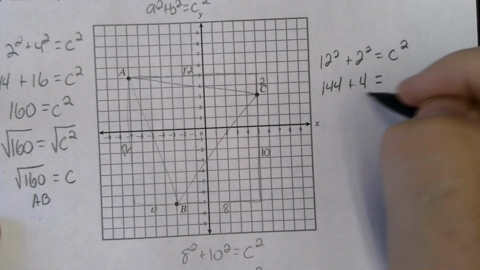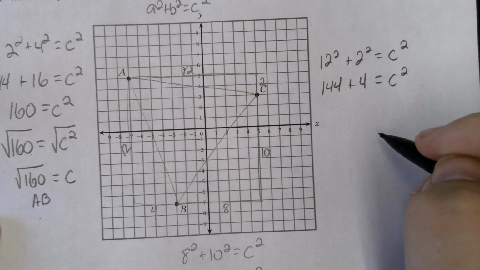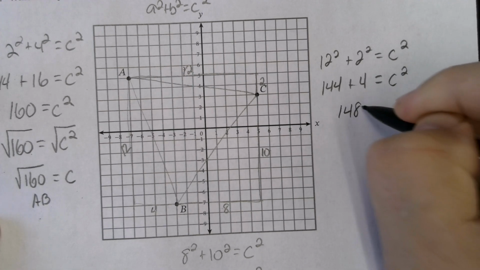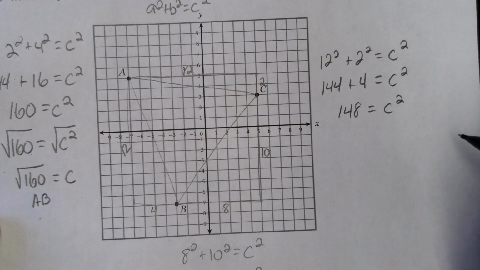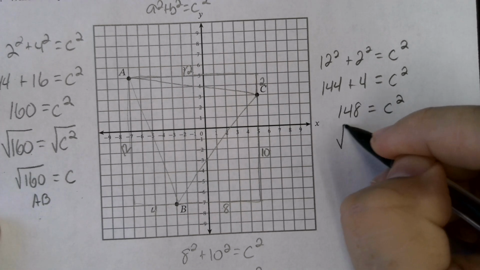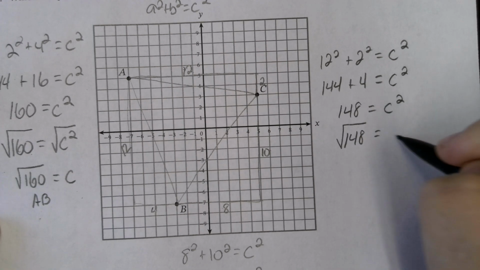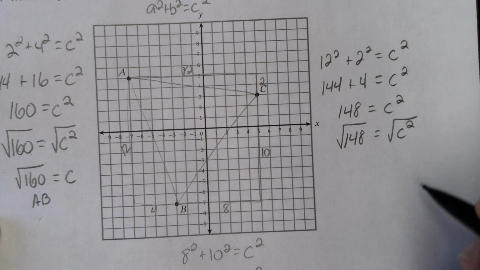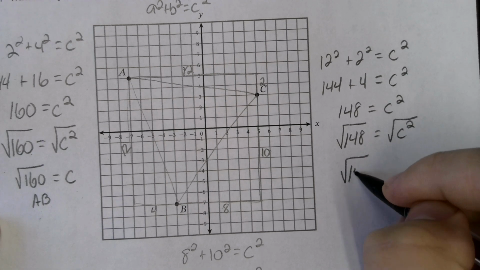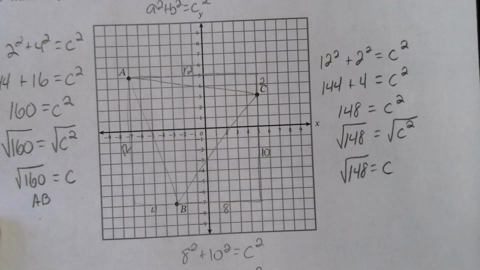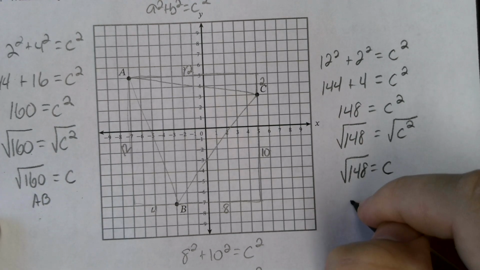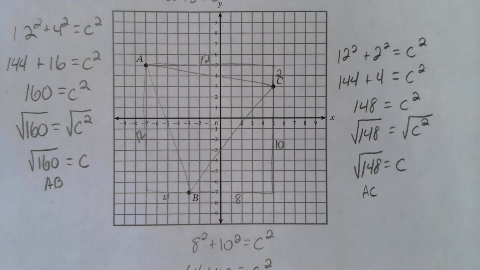Squaring 12 and 2 gives me 144 and 4. Adding them together gives me 148. Take the square root to undo the squaring of c. 148 is not a perfect square again, so AC is the square root of 148.